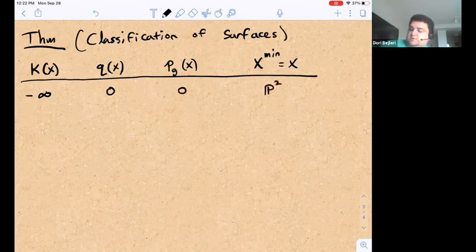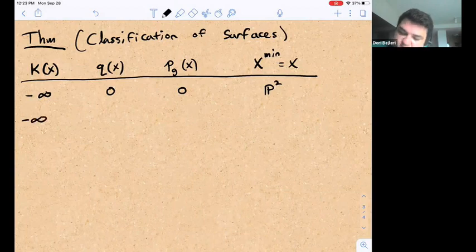So something with Kodaira dimension -infinity, irregularity 0, and genus 0 is a rational surface, so it's birational to P2. So it's possible that when we contract -1 curves, we end up with P1 cross P1 or some ruled surface over P1, but they're all birational to P2. So we can put P2 as our minimal representative. That's a minimal surface.